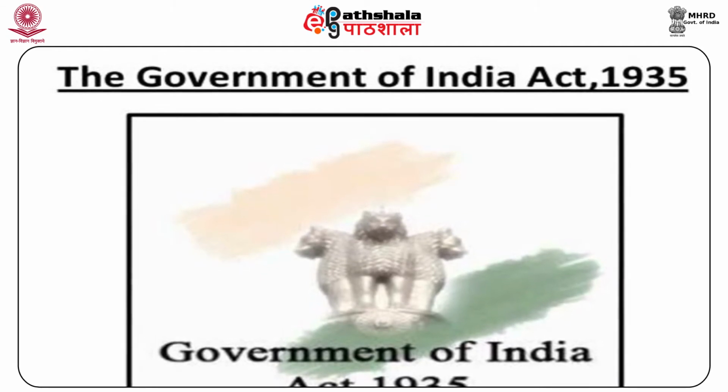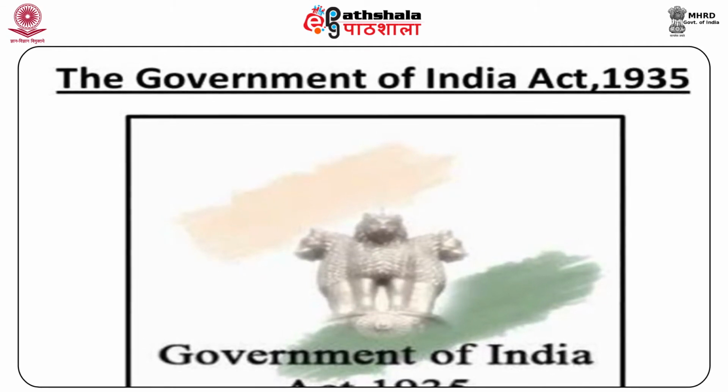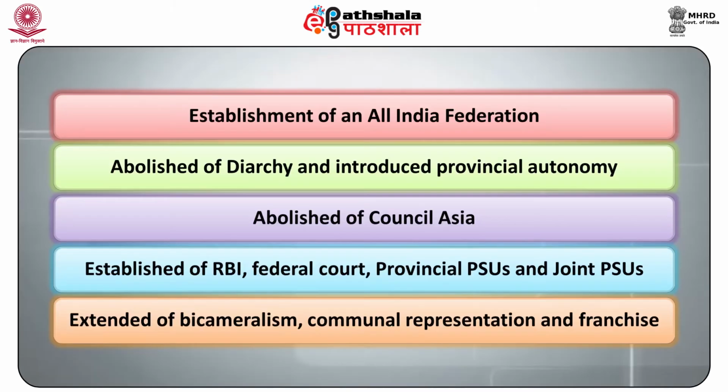The majority of today's Constitution has been drawn from this Government of India Act of 1935. Its features are: it provided for the establishment of an All India Federation. The previous names, transferred and reserved subjects, were changed to federal and provincial lists, and the concurrent list was an addendum.